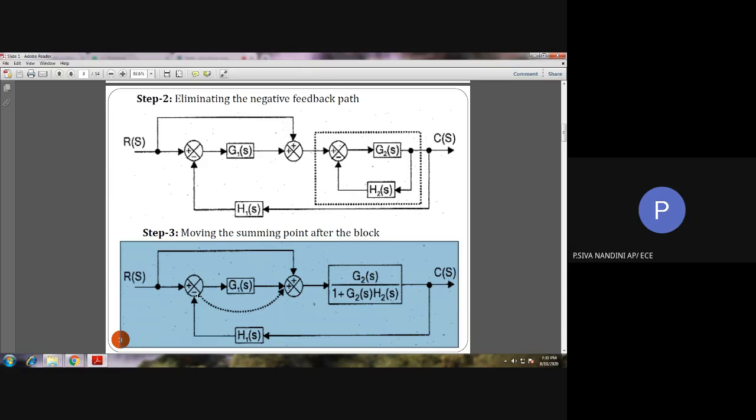But directly we can't move the summing point after this block G1(s) and the summing point. It is not available in the rules for block diagram reduction technique. So we have to move this summing point one by one. That is, first we can move the summing point after this block G1(s).